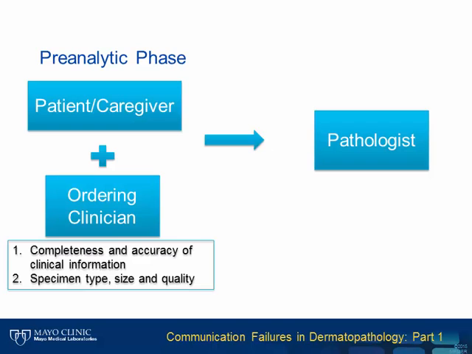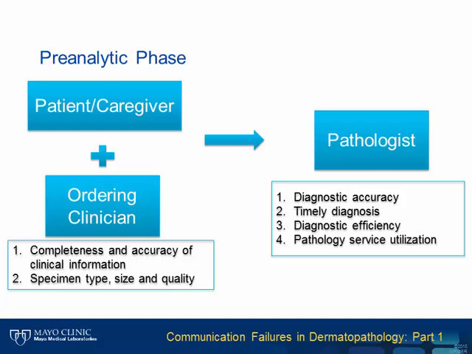Clinical information shared during this phase may include clinical impression, description of lesion morphology, clinical evolution, and specimen type. The communication of timely, accurate, and complete clinical information between the ordering clinician and the pathologist is crucial for the provision of a timely and relevant diagnostic interpretation.